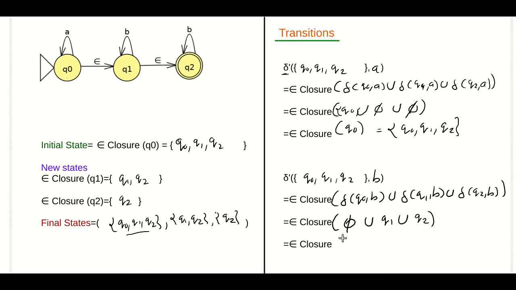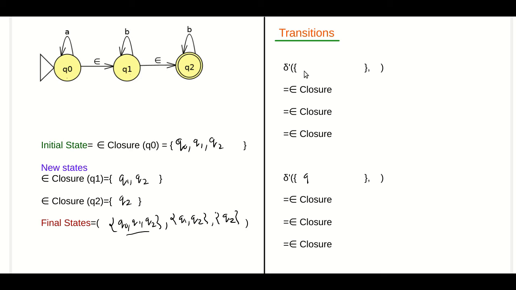So this will be the epsilon closure of Q1, Q2. The epsilon closure of Q1 is Q1, Q2, and the epsilon closure of Q2 is Q2 itself. So on input symbol B, our new NFA will go to the state Q1, Q2 as well as the state Q2.